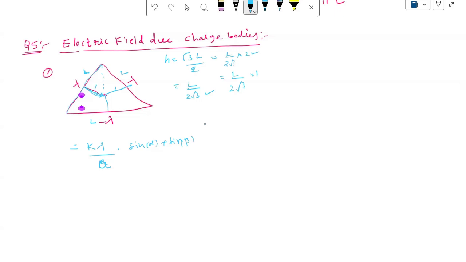From Biot-Savart's law also you will get this formula for a rod. Here alpha and beta are the same from this point, so I take some angle theta. These two thetas are the same. Then the field is K lambda by the distance, L by 2 root 3, into 2 sine theta.